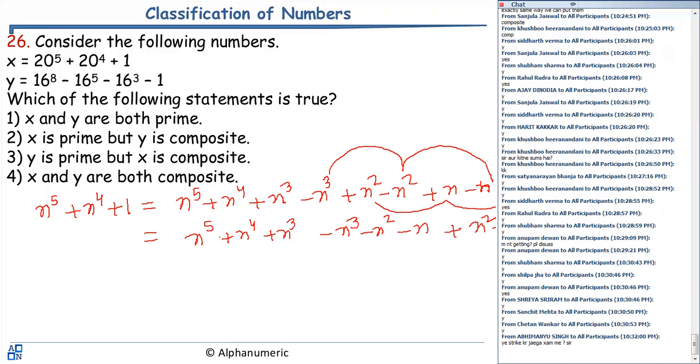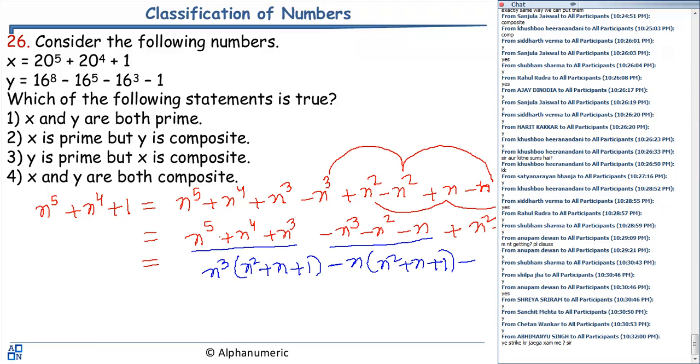Now just see here, in this term take n cube outside, n cube into n square plus n plus 1. Minus n is common in these three terms, so I'll get n square plus n plus 1, and plus 1 into n square plus n plus 1.